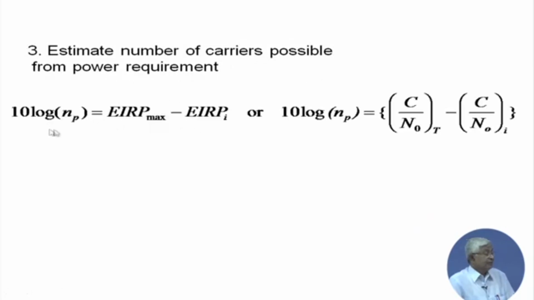It is very simple: the log of the number is the dB subtraction of the maximum ERP the satellite can support and the individual carrier ERP, and we have assumed that all carriers are the same. Or in terms of C by N naught, it is C by N naught total minus C by N naught individual, and that will be log Np.